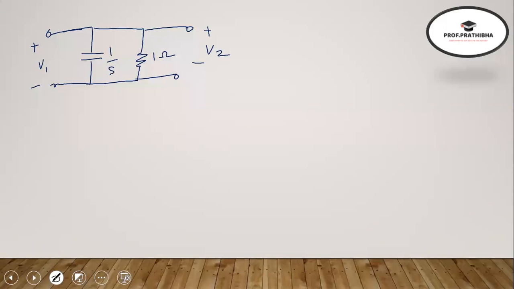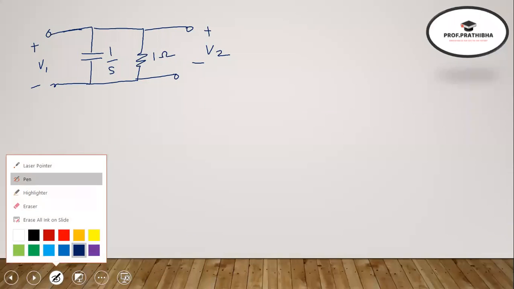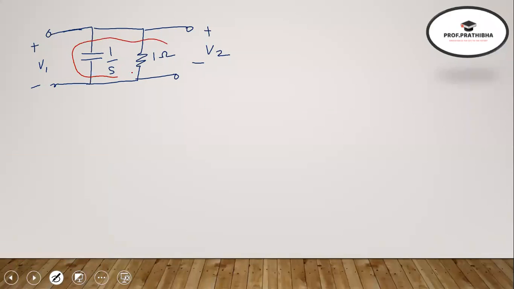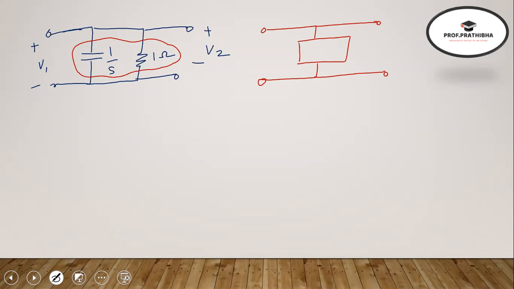this is going to be 1 by S. Now, if you look at this, this is going to be parallel. So that means you will get a network, you can do it like this also, or you can just solve this. This will become 1 upon S plus 1. This is as good as taking 1 upon S into 1 upon 1 upon S plus 1.